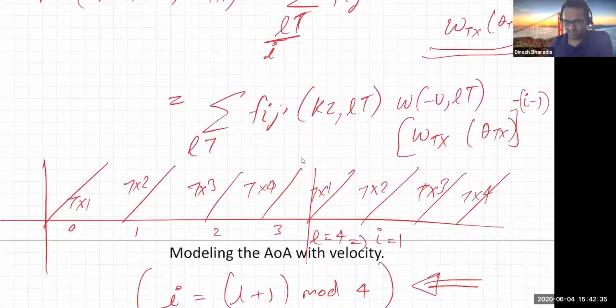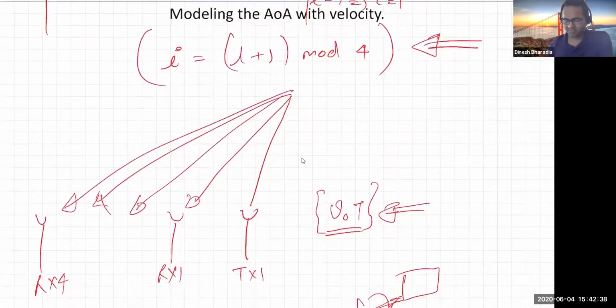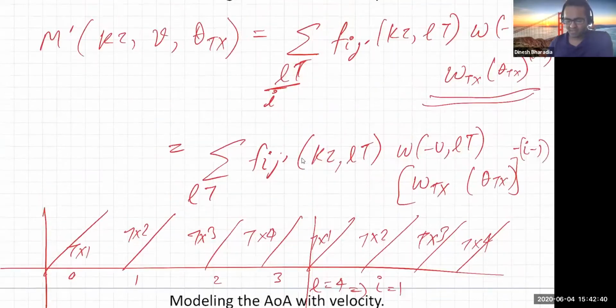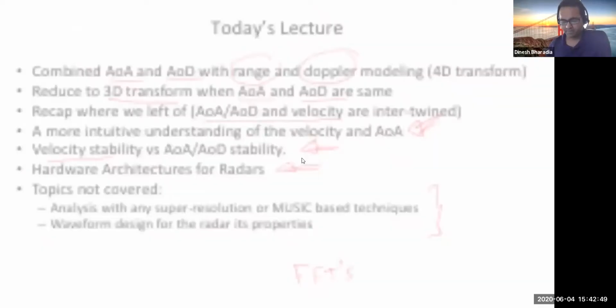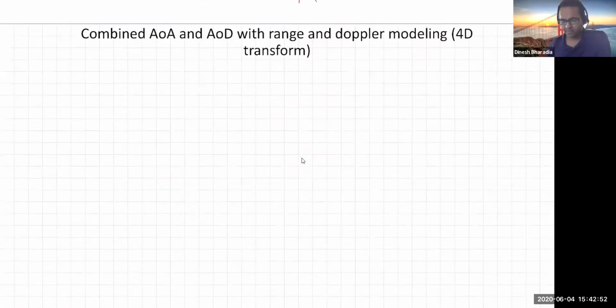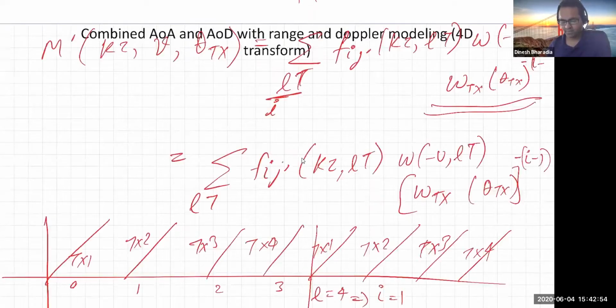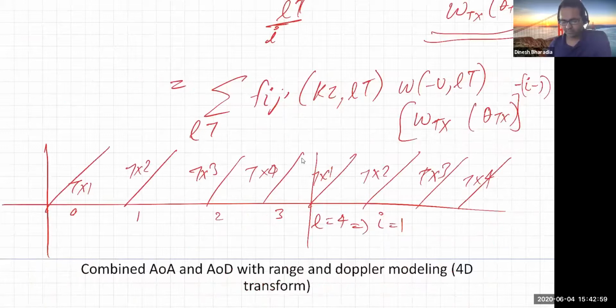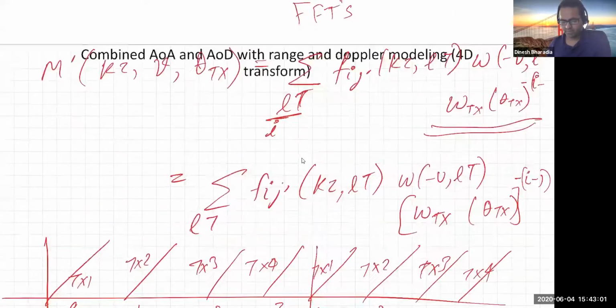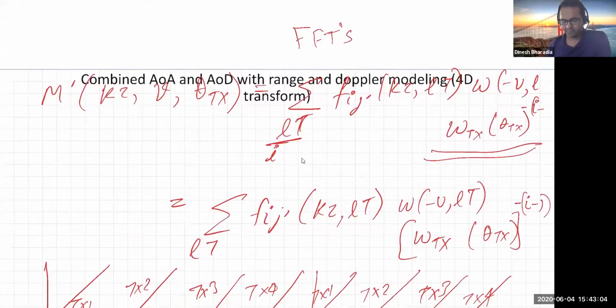Let me point to the one, let's start with this one here. If you look at this, right?